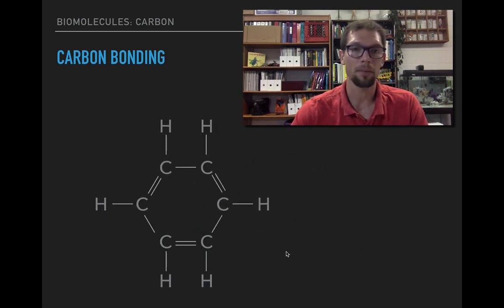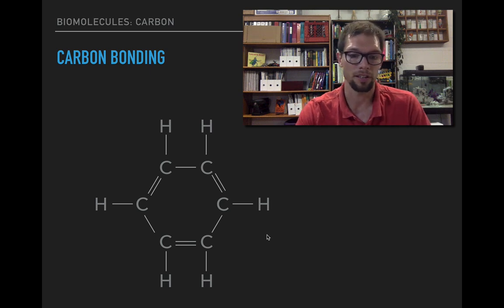Or you can get really complex structures such as a ring here. And the versatility of carbon is what really makes it so great. The different ways that it can bond allows for a lot of different structures, and so our biology can take advantage of this and use it in a variety of different important molecules.